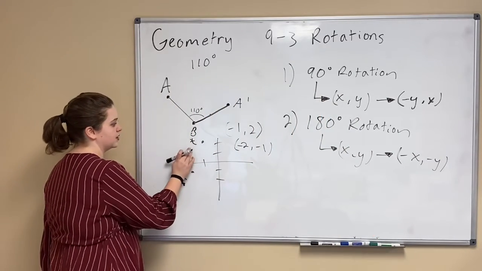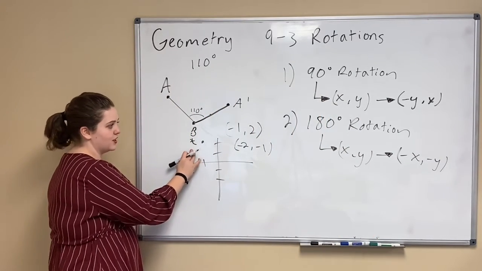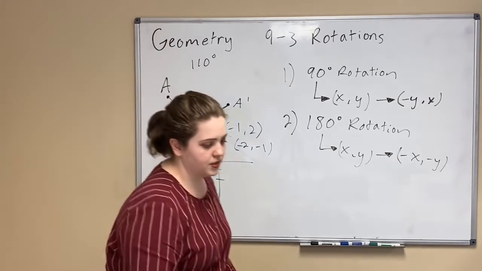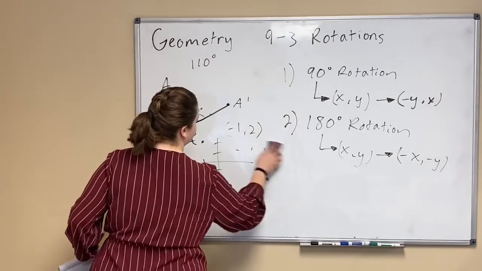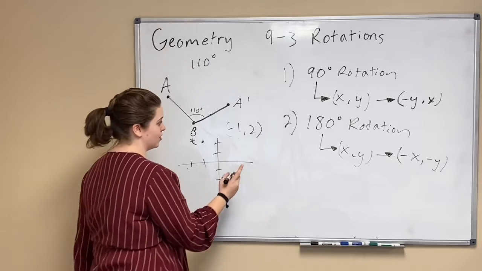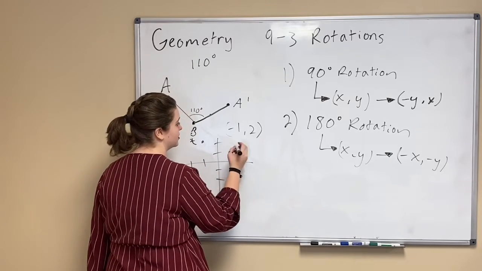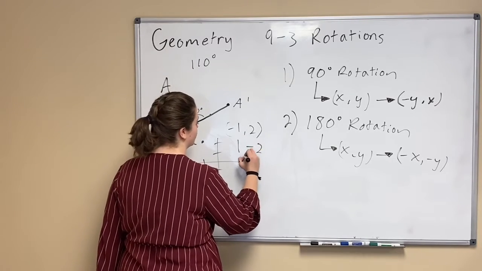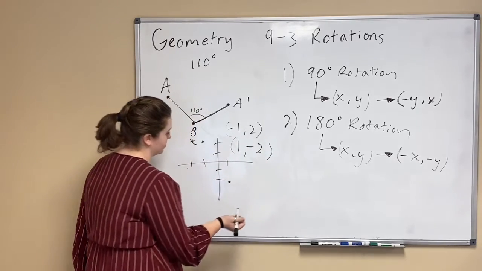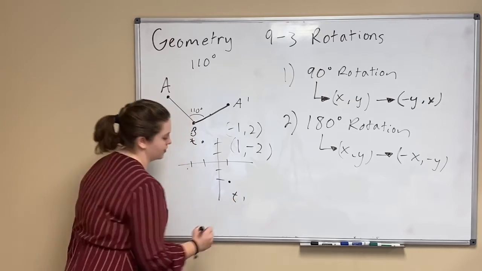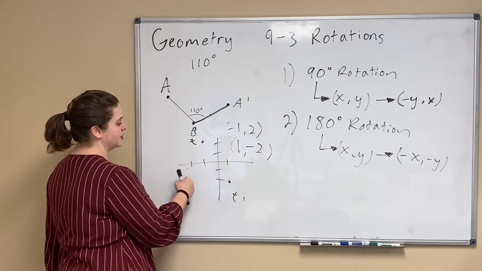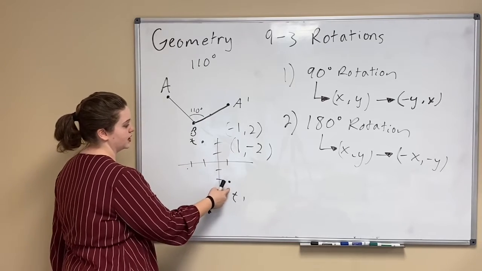So this time if I took T and rotated it 180 degrees, whereas before it was (-1, 2), I'm going to leave them in the same order, but I'm going to change both of their signs. So we're going to have (1, -2). It's going to be here. So this is our new T. 180 degrees brings us into this quadrant. 90 degrees was just one quadrant, 180 was two.